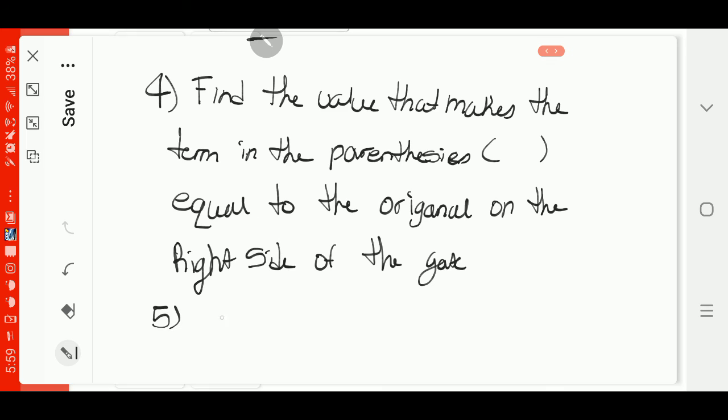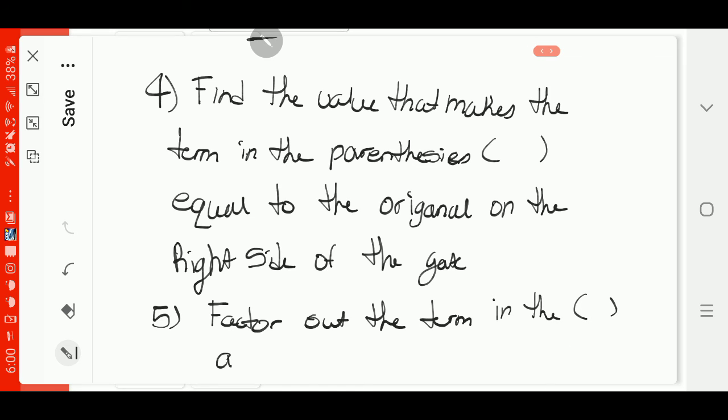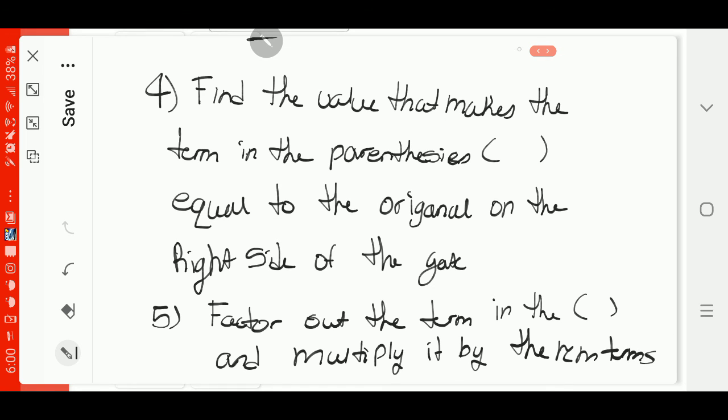And then as step 5, you factor out your term in the parentheses and multiply it by the remaining terms. I'm going to say rem terms, but you get the point.